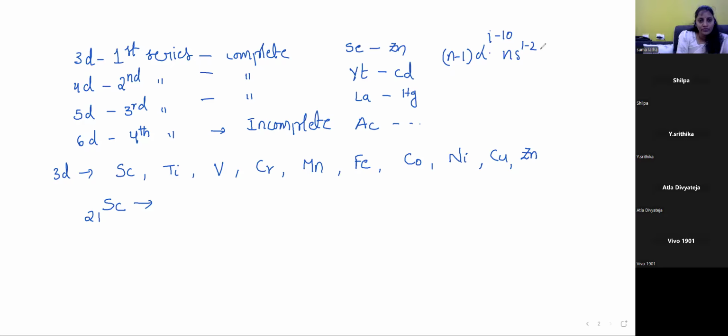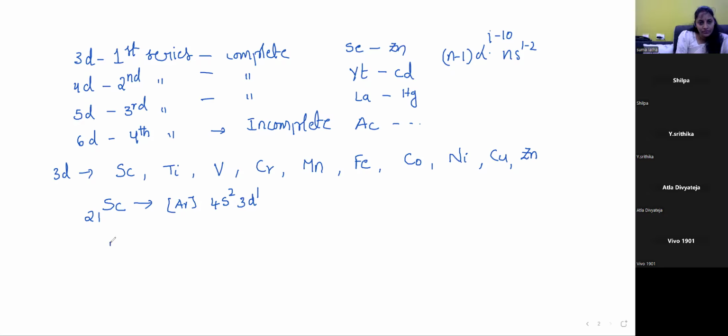This is 21, so the nearest noble gas is argon. In the complete electronic configuration, the last shell is the 4s shell. Argon 4s2 3d1 is the outer shell electronic configuration of scandium. In the d orbital only one electron is there.